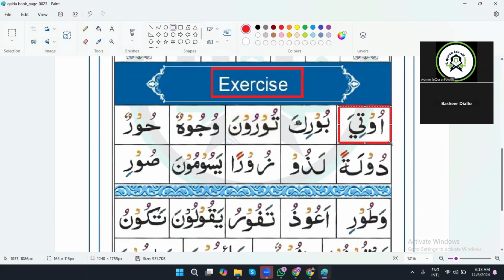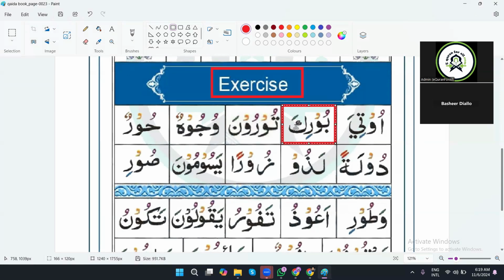Read this word. The third letter is ta with kasra. Di, ya. Very good. Read again. Diya. Next. Bu, ri, ha.